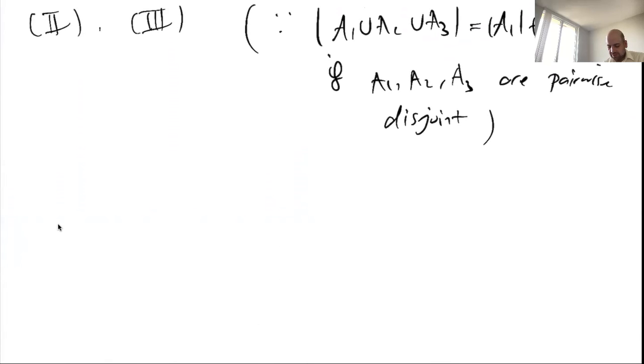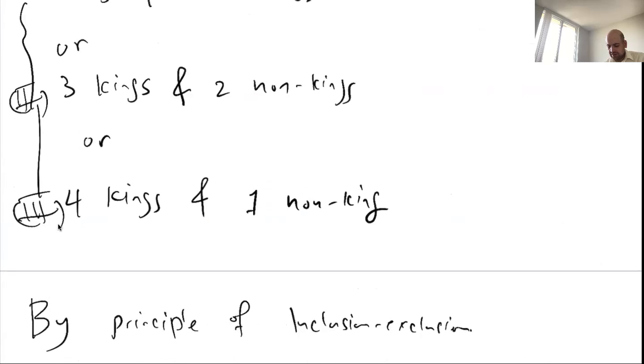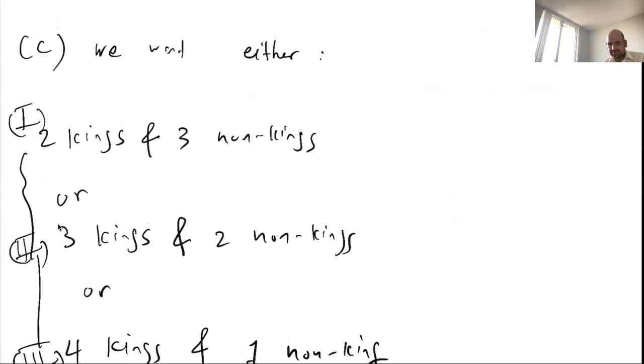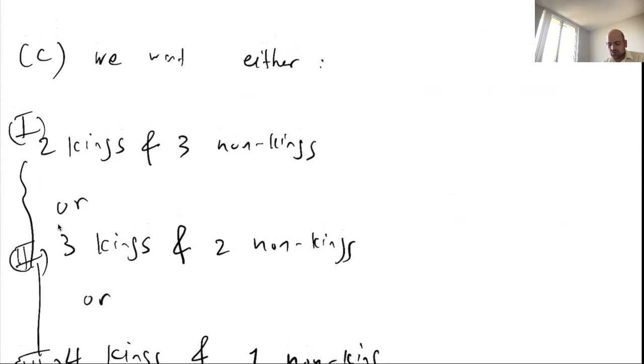Okay, now the number of elements in 1. How many elements do we have in the first set? 2 kings and 3 non-kings.